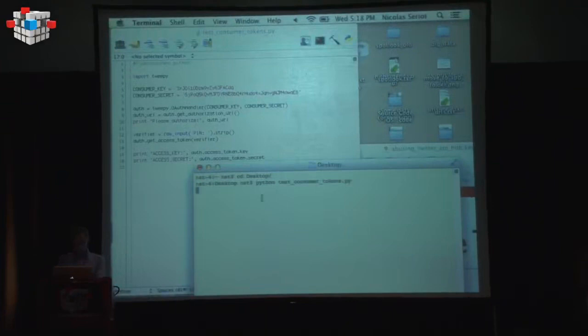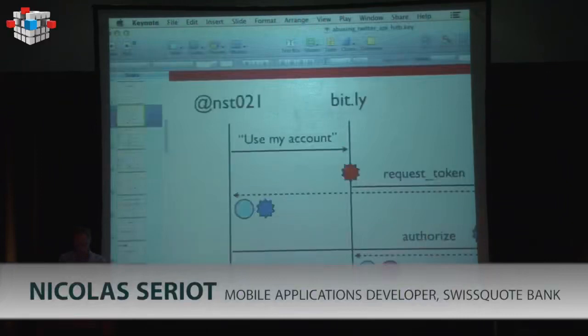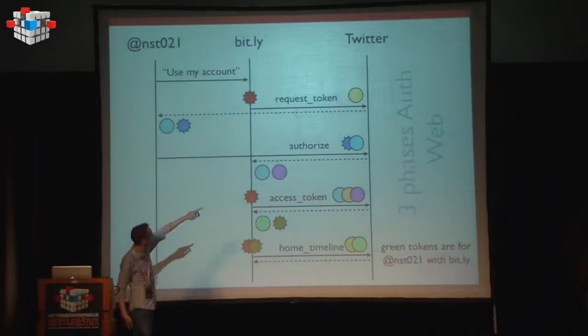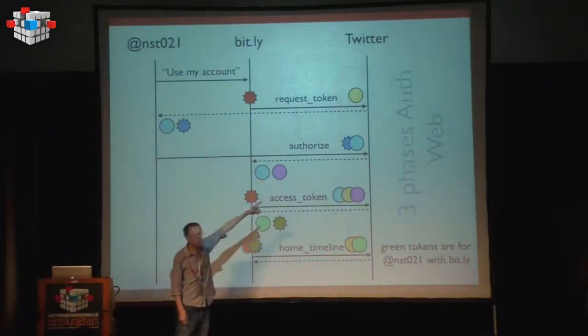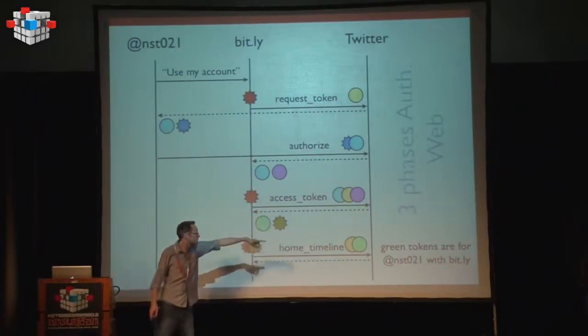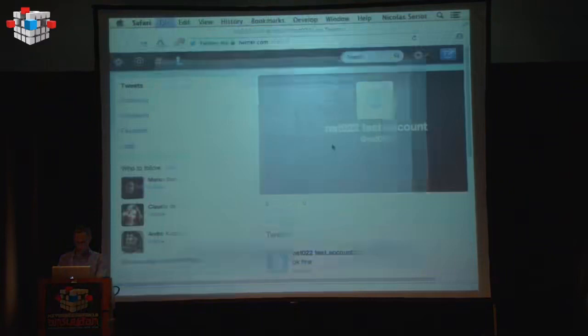If I run the script, I get an authorization URL. In the slides, we've seen that we are in this case. I got an authorization URL. I will authorize with my Twitter account, and I will get a pin that I will send back to Twitter, and I will get the tokens at the end of the process. So here we go. I open this URL in a browser.